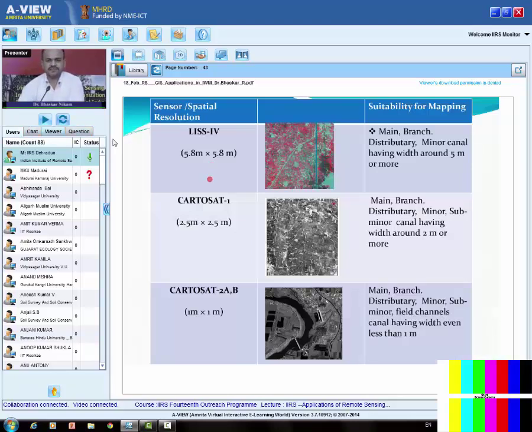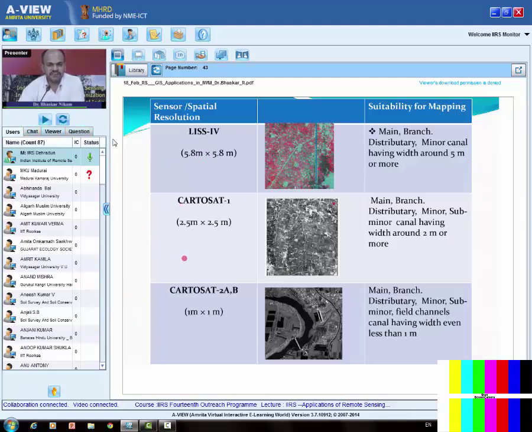Now, if my interest is mapping main canal, branch canal, distributary, maybe a minor canal, which is 5 meters wide, I will go for LISS-4 data. As the spatial resolution increases, the temporal resolution will be poor.